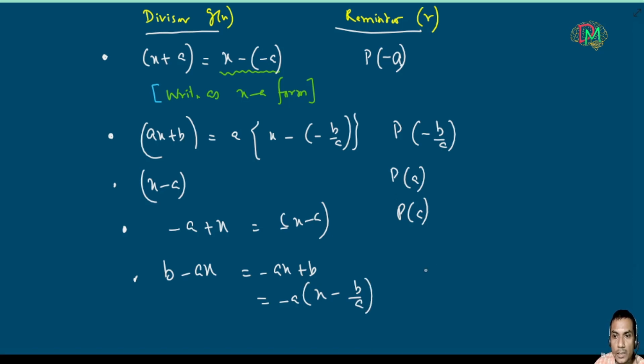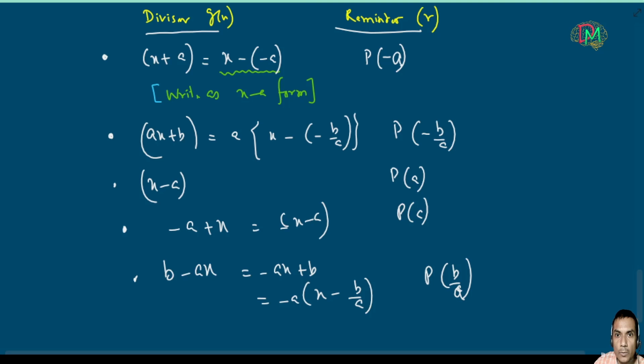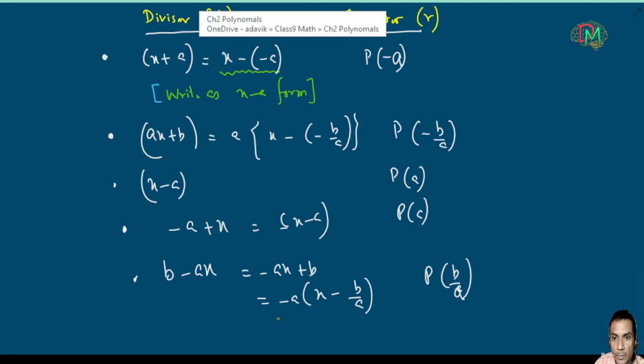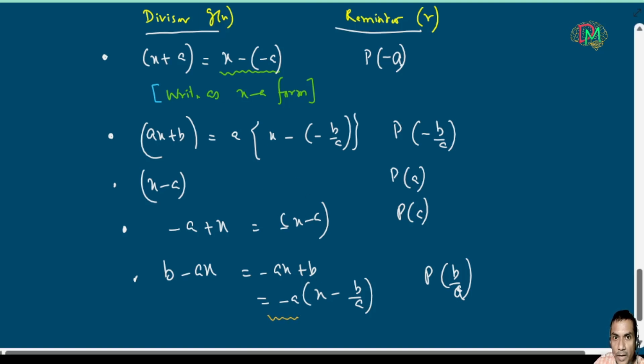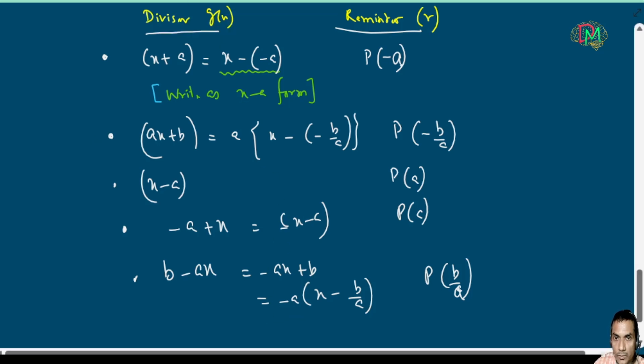So here you consider b minus ax. You must remember one thing. If you remember, then you can apply it everywhere. You have to find out this part, the x minus a form.